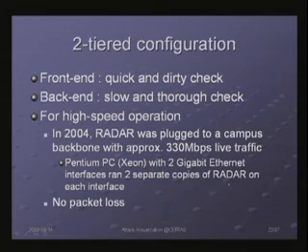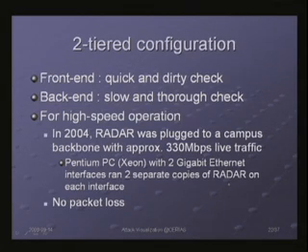So why do we use this two-tiered configuration? Because we want to make it run on a high-speed link. On the front end, time is the prime objective. You have a very tight time budget. So you do a quick and dirty check. You might arrest a legitimate packet from time to time, but you don't want to thoroughly check if a packet constitutes an attack.